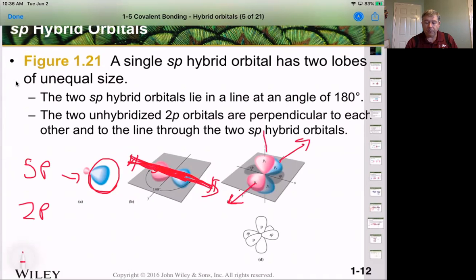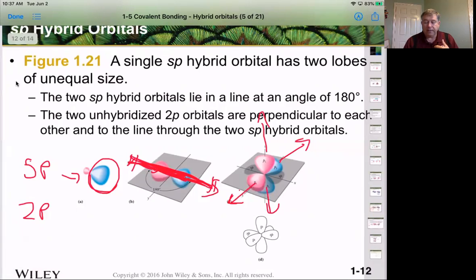And then the other p orbital is going to be 90 degrees apart from that, okay? Which means we have a p orbital in the plane of our sp hybridized orbital, but we have one above and below that plane of the sp hybridized orbital.